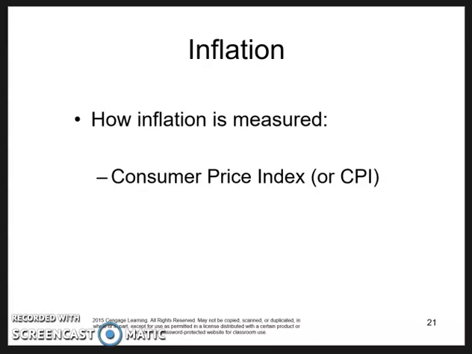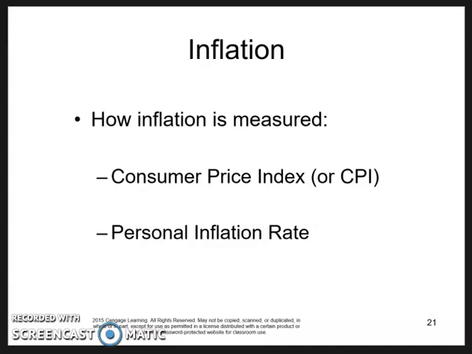Probably more importantly, but harder to measure, is your personal inflation rate. The Consumer Price Index uses what's called a market basket of goods, which is for the entire economy. But for example, the inflation rate where you live could be much higher or much lower, depending on the economic situation where you live.